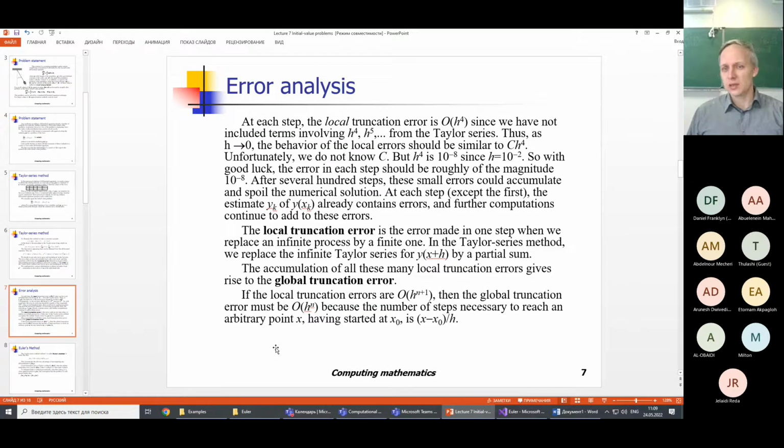Because the number of steps necessary to reach an arbitrary point x, having started at a point x0, is x minus x0 over h.